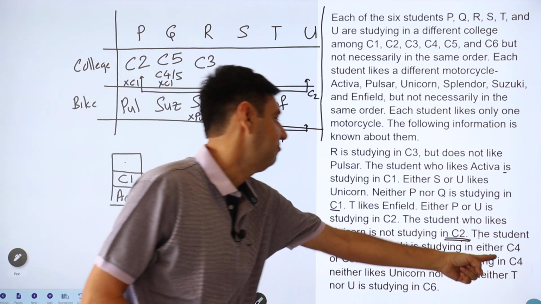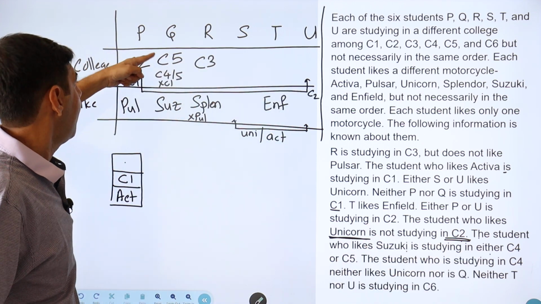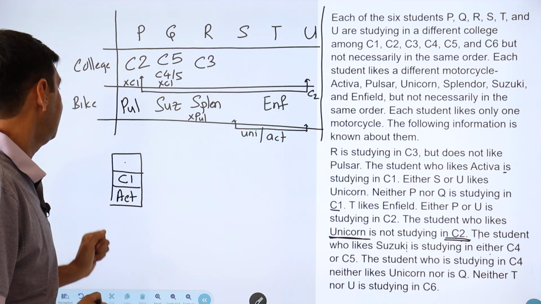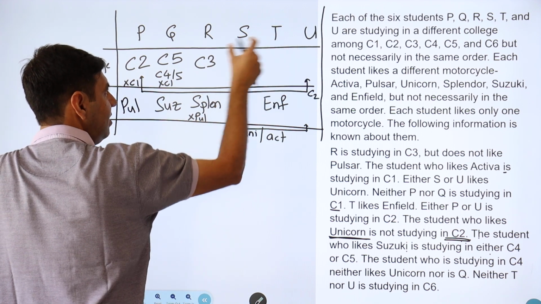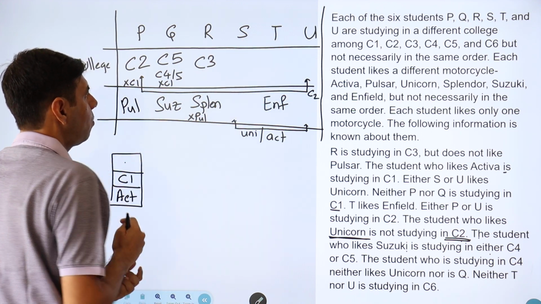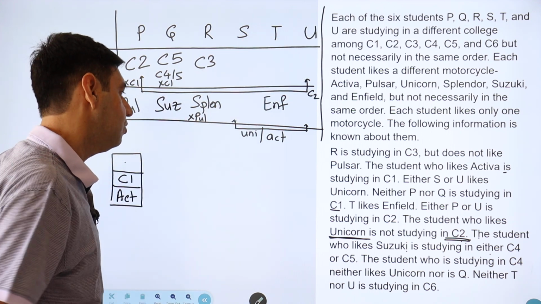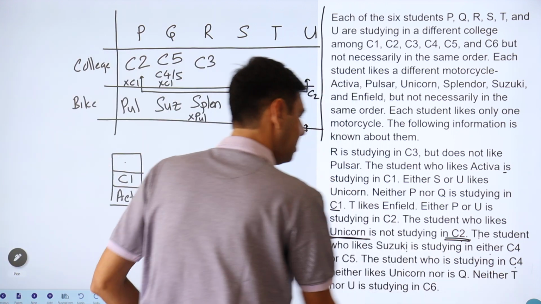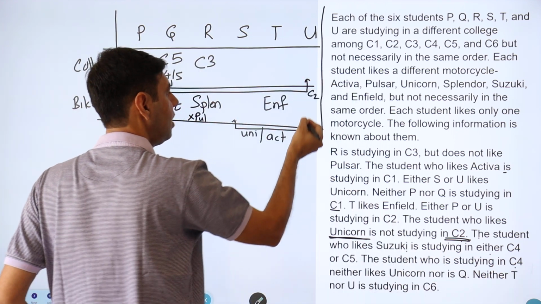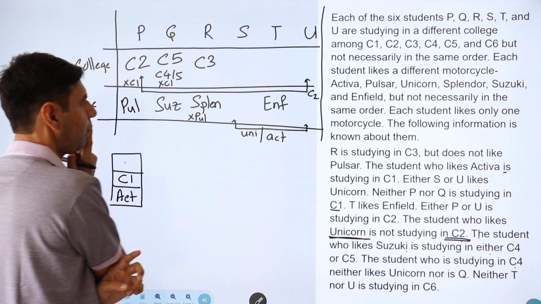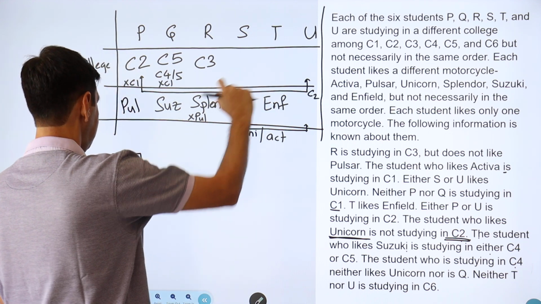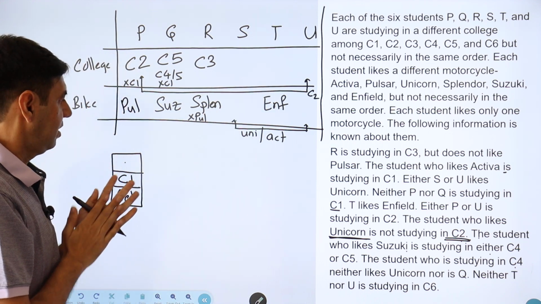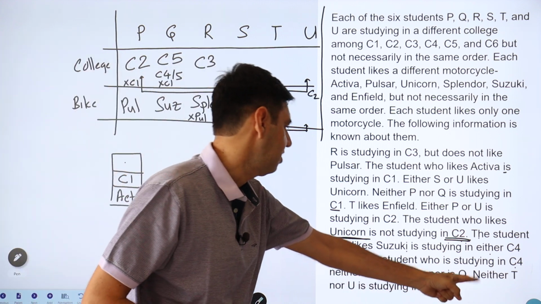Okay, the C4 is not Q. It also says the guy who is C4 is not Unicorn. So one of the places will be C1, but let me just read it at the end.